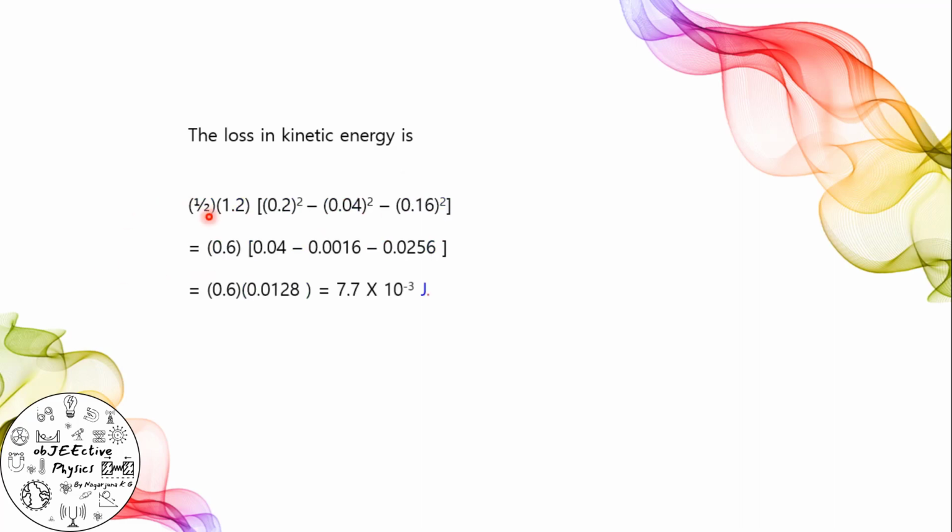And the loss in kinetic energy is 1 by 2 into 1.2 into 0.2 whole square minus 0.04 whole square minus 0.16 whole square, that is equal to 0.6 into 0.04 minus 0.0016 minus 0.0256, or that is equal to 0.6 into 0.0128, that is equal to 7.7 into 10 power minus 3 joules.